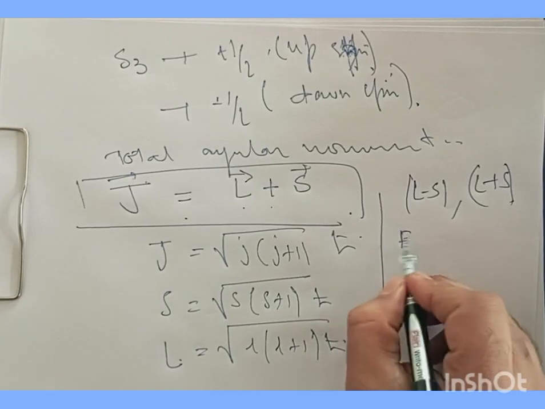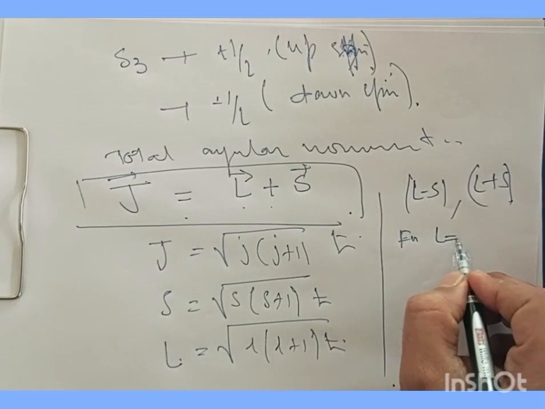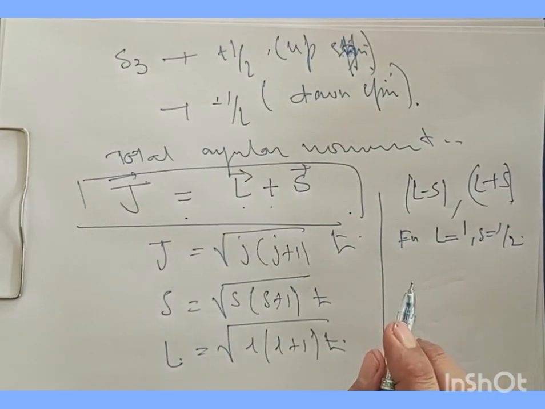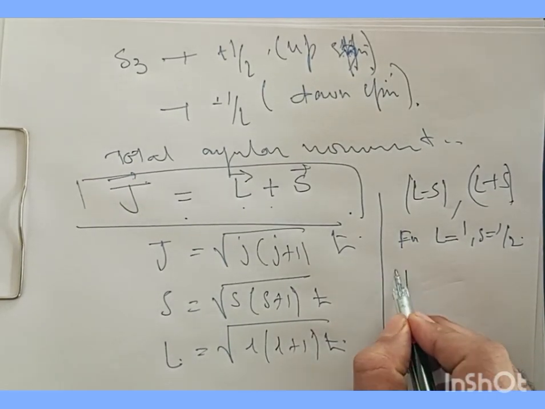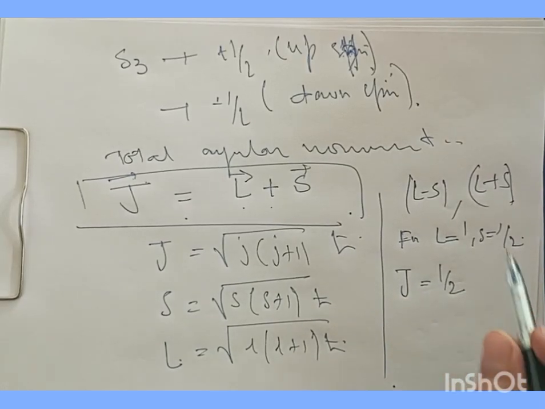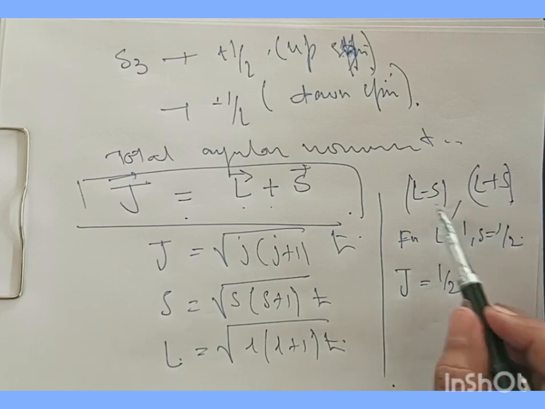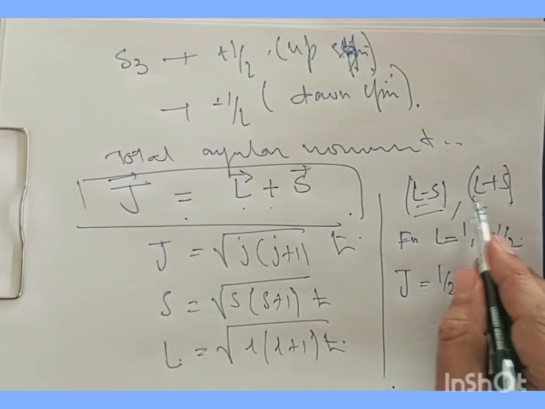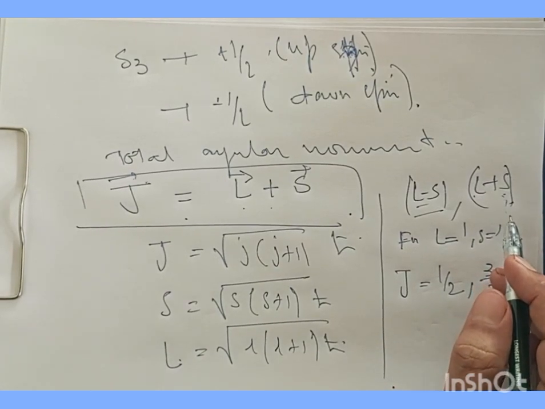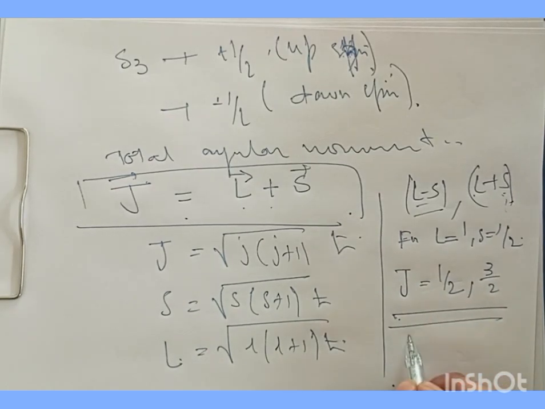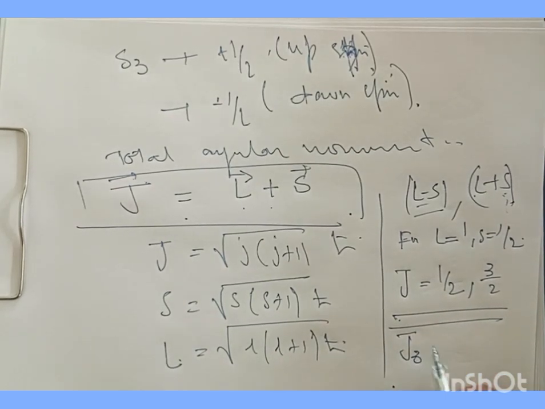So for L equal to 1 and S equal to 1 by 2, J will be 1 by 2 when you subtract them, and J is going to be 3 by 2 when you add them. The values of the third component, which I'll choose here as J3, are going to be 2J plus 1.